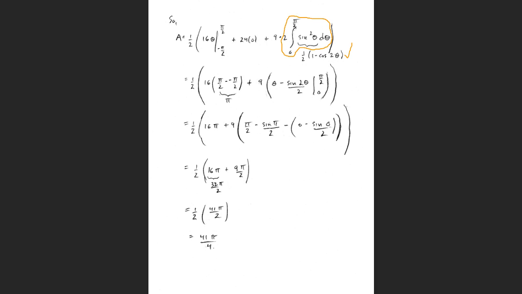As you know, you have access to the appendix, and you can find those trig identities as you need them. And now it's just a matter of computing antiderivatives and then putting in your appropriate limits and working out the problem. So it's pretty straightforward.